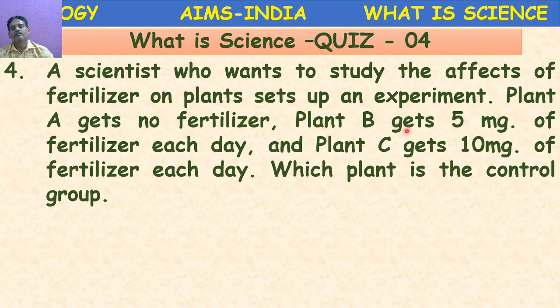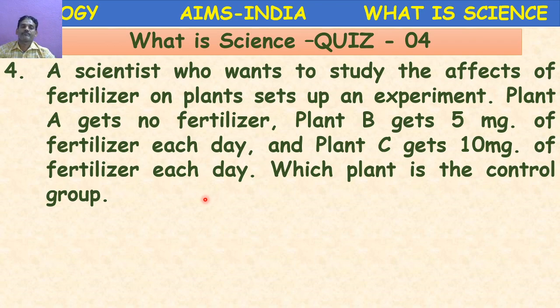Plant B gets 5 milligrams of fertilizer each day. Every day 5 milligrams is given. And plant C gets 10 milligrams of fertilizer each day. Every day 10 milligrams. Which plant is the control group?